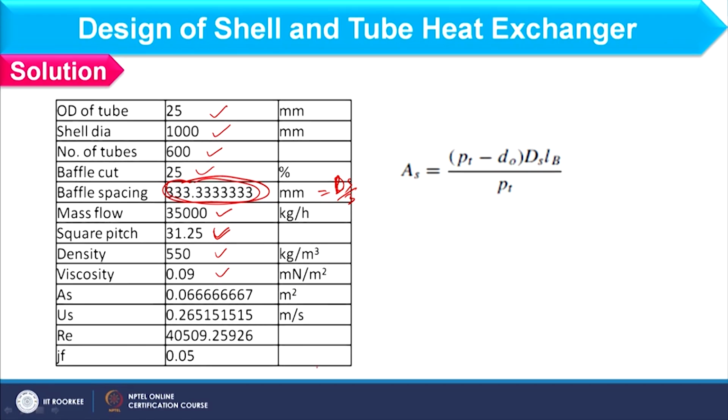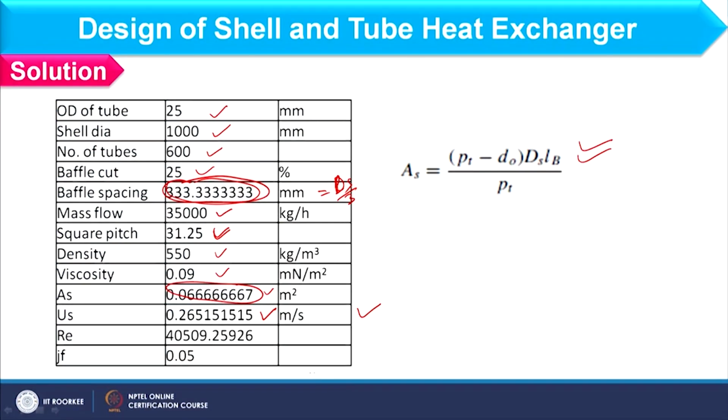And here we have all the expressions to calculate AS, and you can find AS using this expression, and the value of AS you can consider as 0.0667 meter square. In a similar line we can find out the shell side velocity at bundle equator, which comes out as 0.26515 meter per second, right.